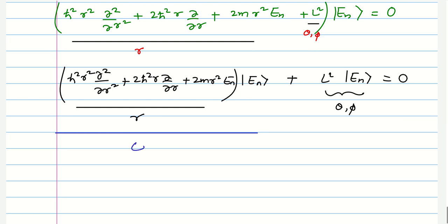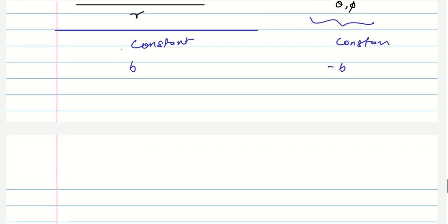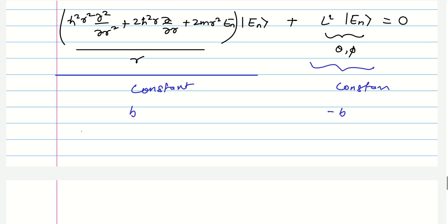So in mathematics, this kind of equation, when you get, you say that this first term must be some constant, and this will also be a constant. So if you say this one is, let's suppose b, so this has to be minus b, clear, then only you get 0. So from here what we can say, that L square n, this will result in some constant which will be b. So if this is plus b, then this will be a minus b.